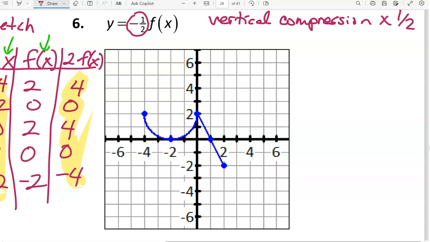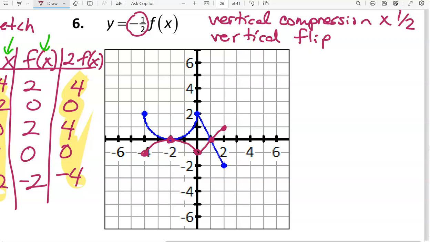That is to say, the y values are going to be half as big as the original ones. And then there is also a vertical flip because of the multiplication by -1. So each point is half as far as it was from the x-axis, but also on the opposite side.